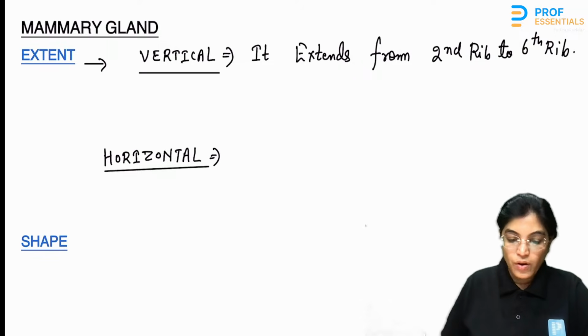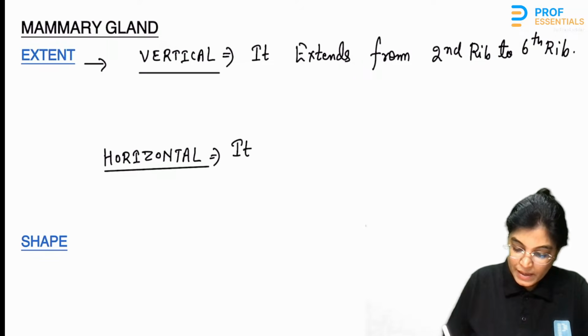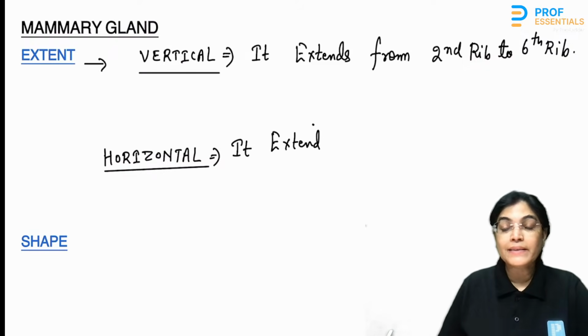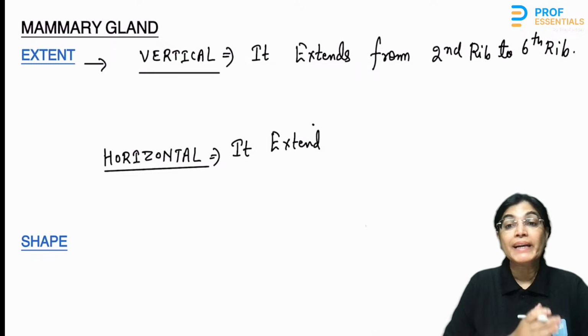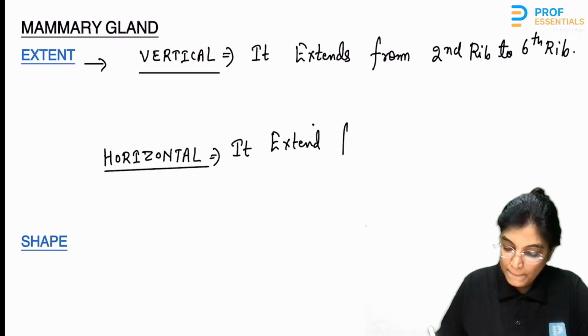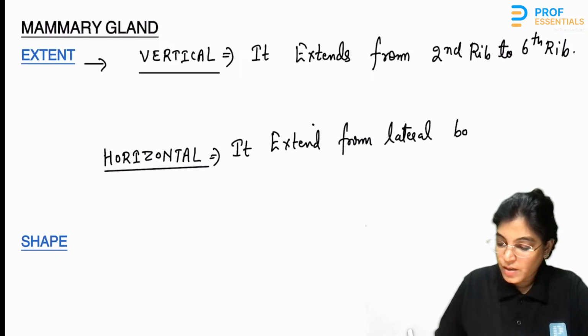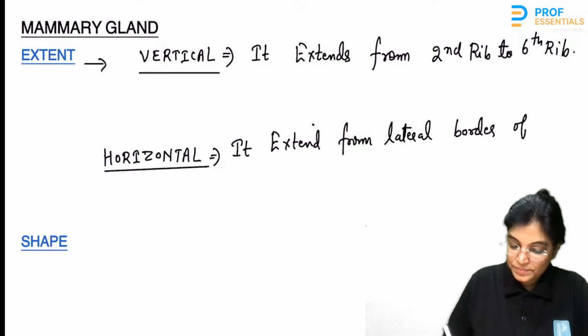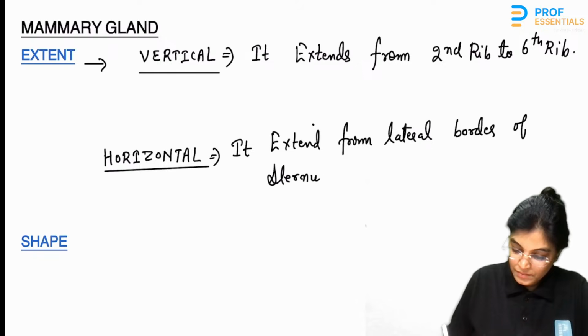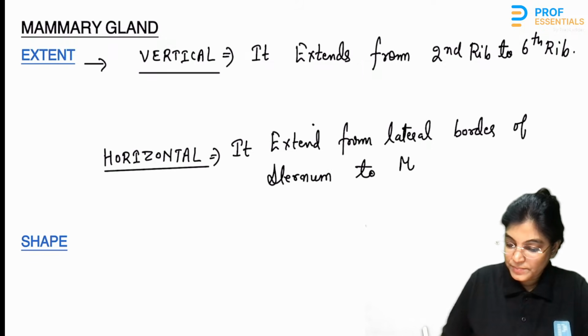Horizontally, the mammary gland extends from the lateral border of the sternum to the mid axillary line.